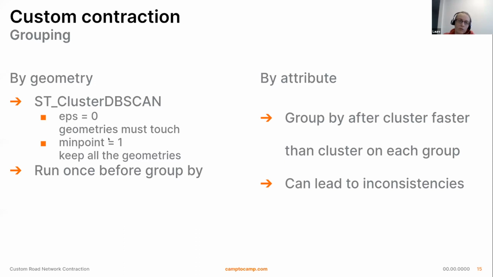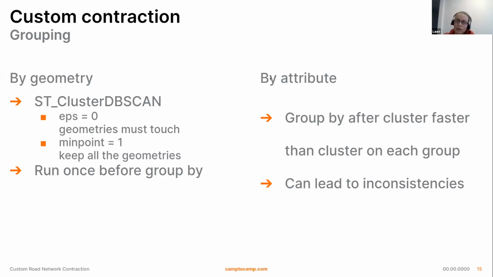And we decided that we would keep all the geometries at the end of the treatment, so we allow geometries to be alone in their cluster. And we run this once before we do the group by attributes, because it takes some time to do, and it's less precise than doing first the group by attributes, then the clustering. But the other way around, I tried it and I stopped the process, it was taking too long.